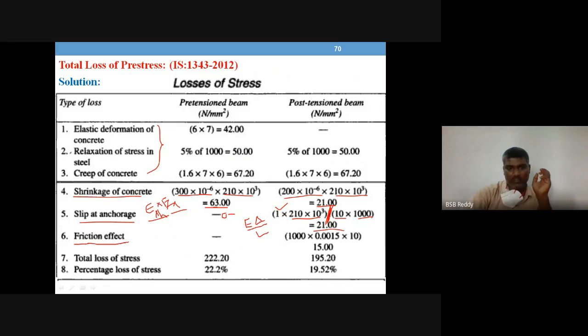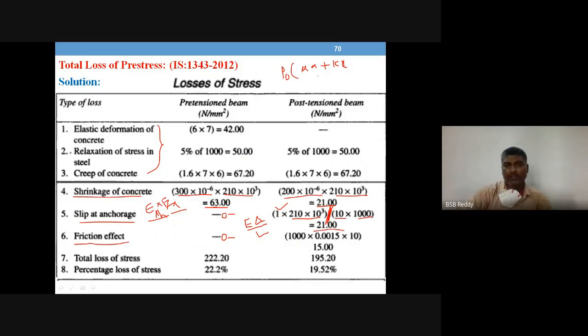And frictional loss, same. In a pre-tensioning member, there won't be any friction loss, 0. Only for post-tensioning, you know the formula: P naught loss value is P naught into mu alpha plus kx.